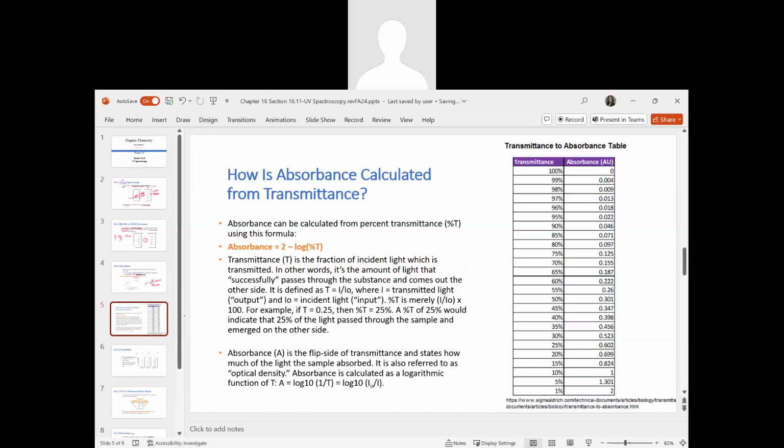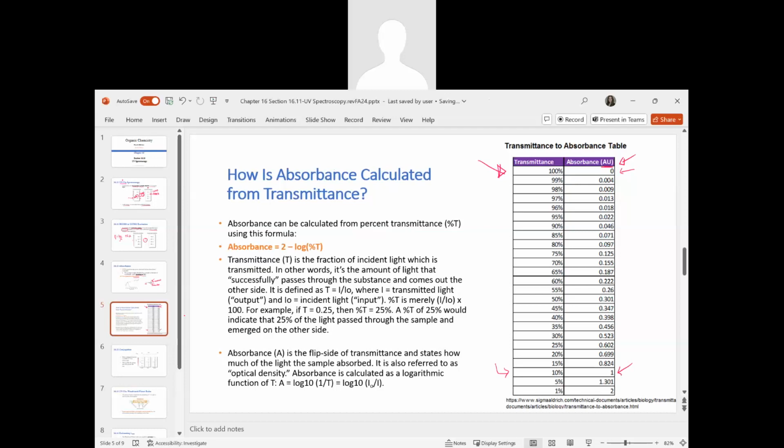There's this table that I have given here that shows the transmittance values compared to what we see generated as an absorbance unit. AU stands for absorbance units, and if we have 100% transmittance, that would mean that none of the light was absorbed. So we have 0 absorbance with 100% transmittance. Then you can go through and see down to 10% light is transmitted, so 90% is absorbed.